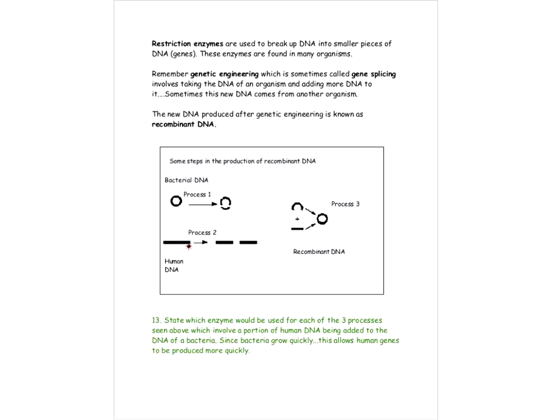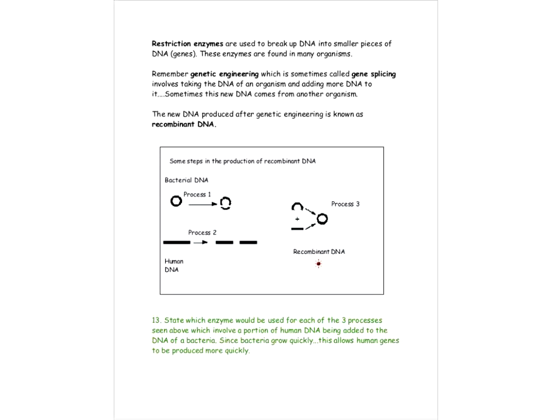So what we're doing then is we're breaking down human DNA, and we're also breaking up the DNA of the bacteria, and then we're adding the human DNA into the bacteria. So here the human DNA is added into the bacteria. So we've got recombinant DNA, new DNA.